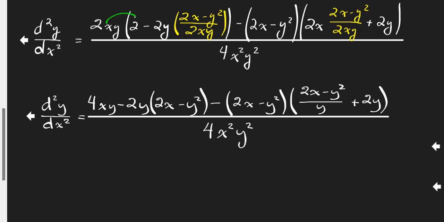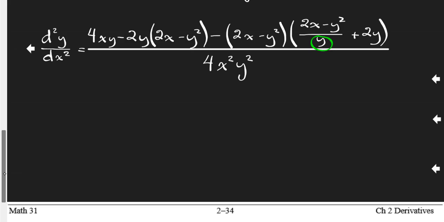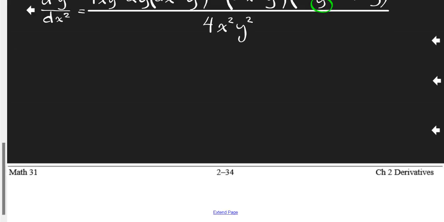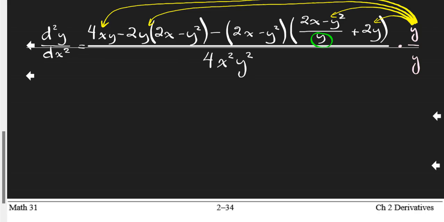When I distribute this in, the 2xy cancels out with this denominator. So I don't have a 2xy. Over here is where the 2x is canceled out, so I have just the y in the denominator. Then I'm going to get rid of those denominators, multiply by y over y.